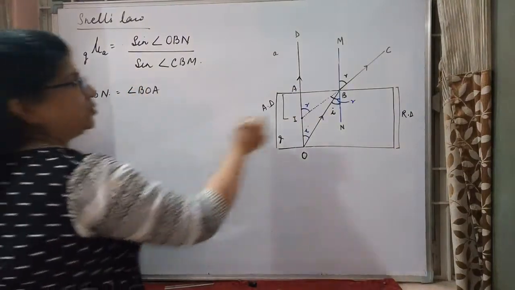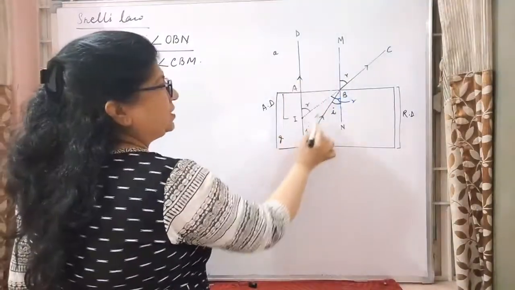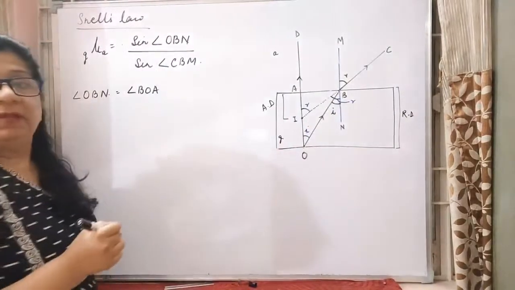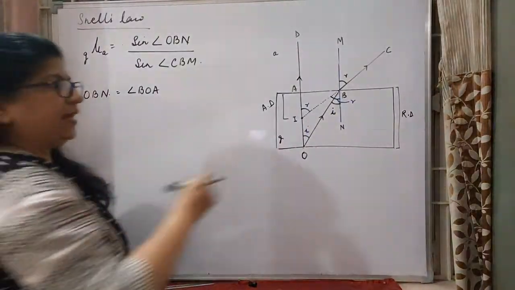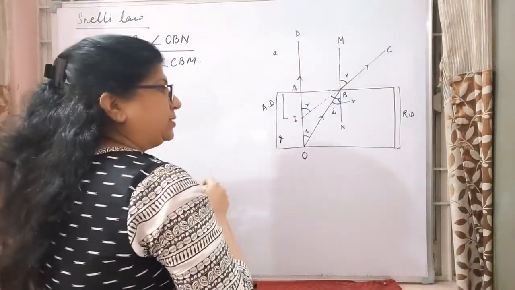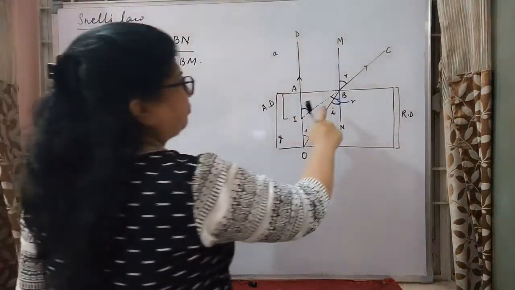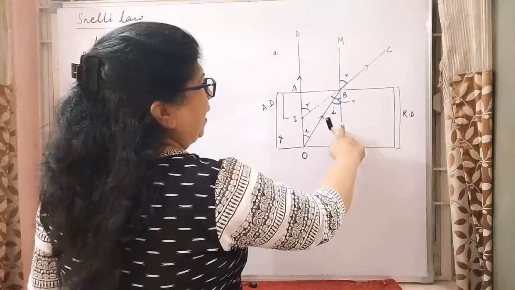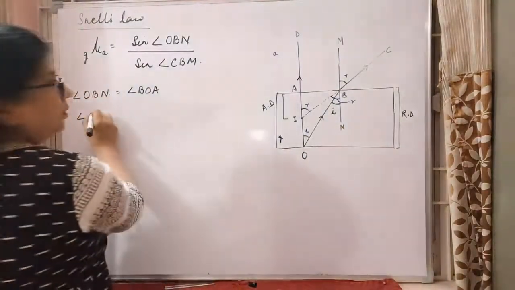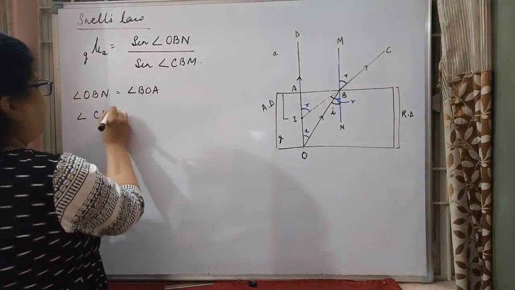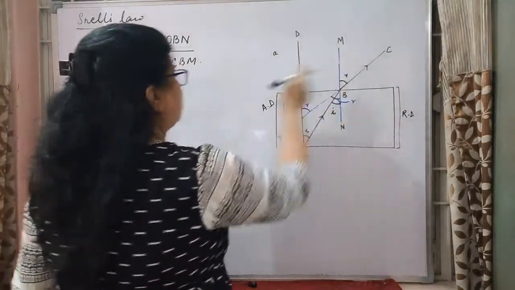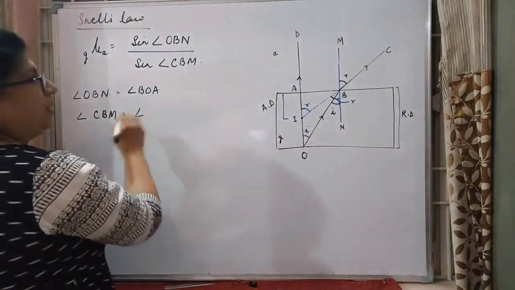हम आपको पहले बता चुके हैं BOA because they are alternate angles. ठीक है. ये दोनों आपकी parallel lines हो गई. Similarly, angle IBN, that is CBM, ये वाला जो angle of refraction था, will be equal to क्या angle?